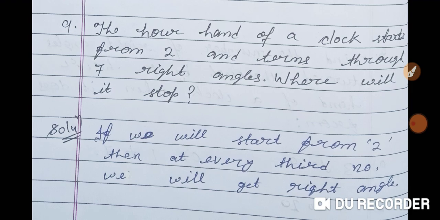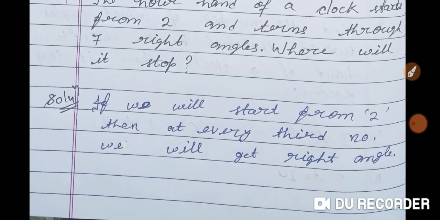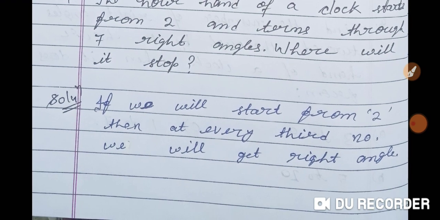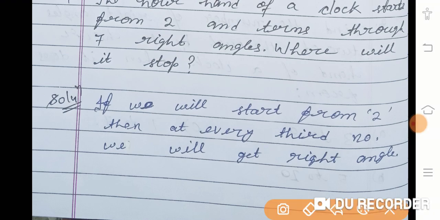The hour hand of the clock starts from 2 and turns through 7 right angles. Where will it stop? Dear students, I do not have sufficient space in my cell phone. That is why I am telling only the answer. We will start from 2, and same thing what we have discussed in last. At every third number we will get the right angle.